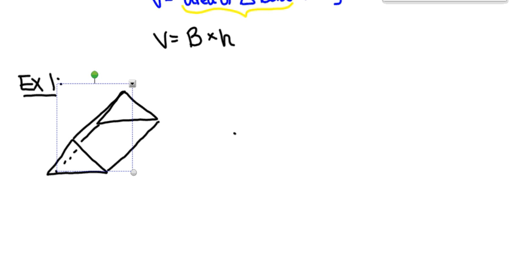I'm no artist, but even I can draw well enough to get this job done. So I'm going to say that that triangular base in the front has a height of 8. Its base length is 12. And I'm going to say that the height of my prism, which is the distance between the two triangular bases, is going to be 5.